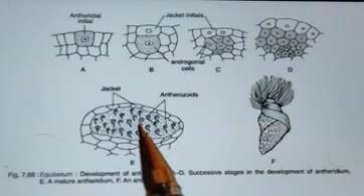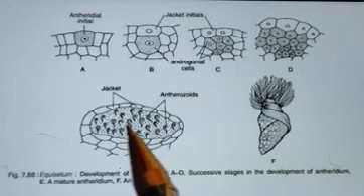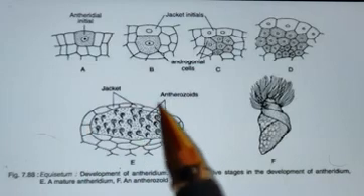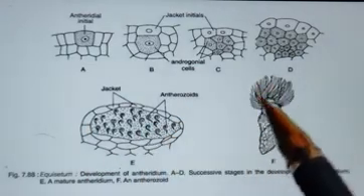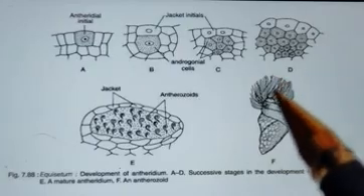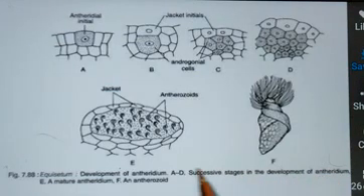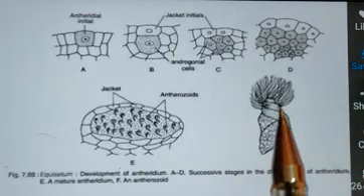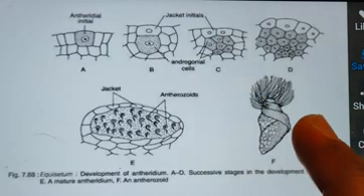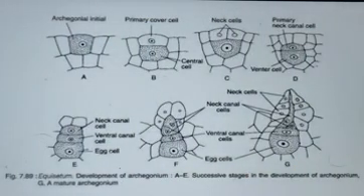Finally you can see the small spherical anthrozoids or sperms inside the jacket layers, and finally the multiflagellated or polyflagellated spores. So this is the development of antheridia, the successive stages in the development of the antheridium, to the mature antheridium and finally the anthrozoids, which are polyflagellated, the flagella being the locomotory organ.